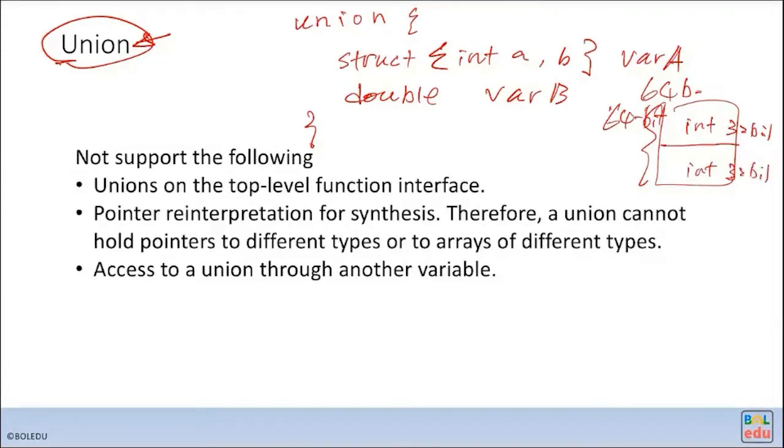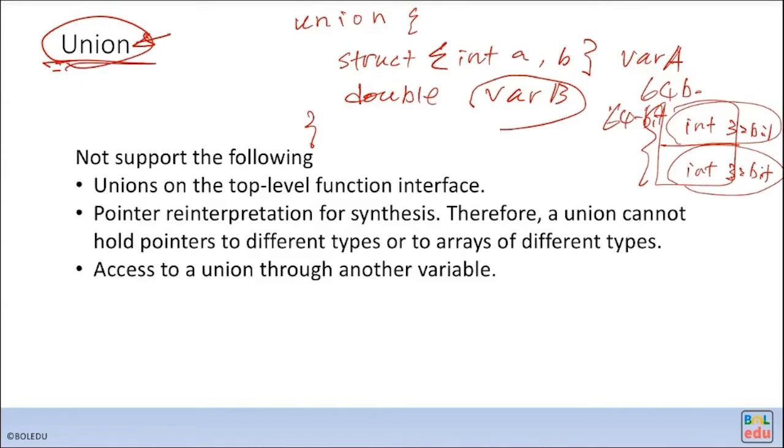So you can access the 64 bits as a whole through the variable B, or you can access this storage with two independent 32-bit data. So that's the usage of a union.